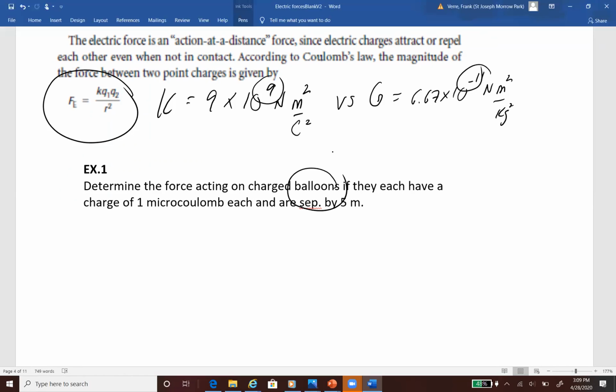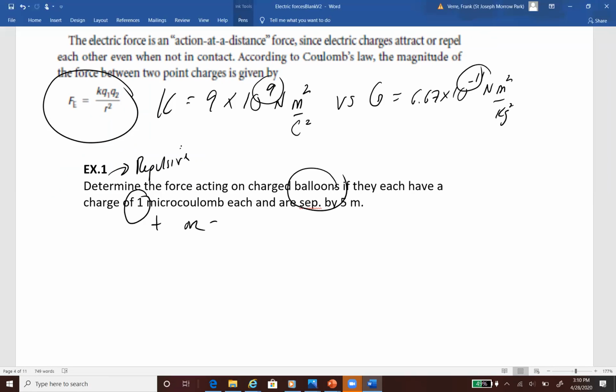So if they're two identical materials, balloons, I'm assuming they're made of the same material, they're most likely going to be the same charge. That could mean that they're both positive or they're both negative. So in this case, the force is going to be a repulsive force. Otherwise, if they were opposite charges, it would be an attractive force. But it doesn't say, it just says measure the force.